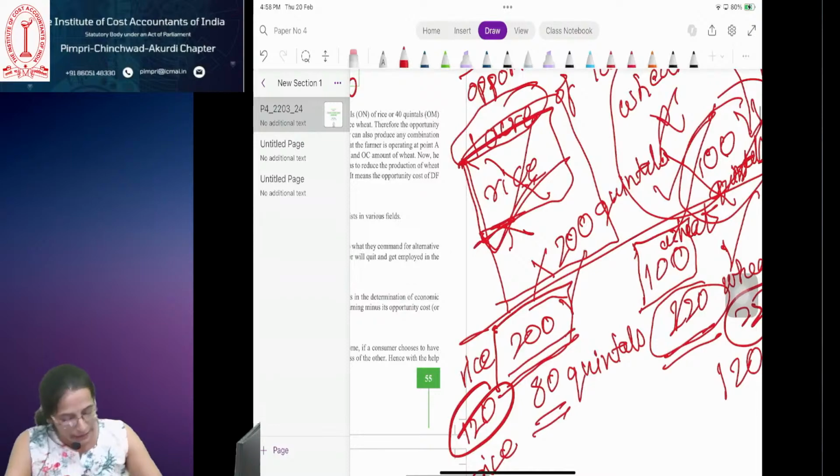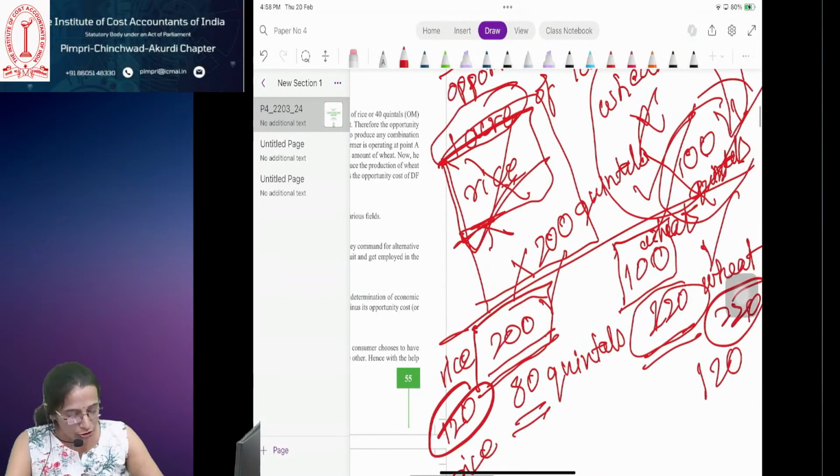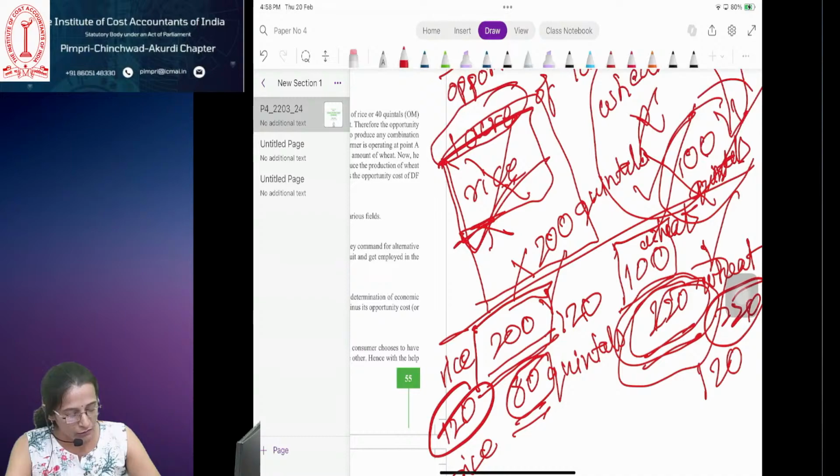Here we saw, what is the opportunity cost of producing 220 quintals of wheat here on the screen? We had to forego: previously 200 quintals of rice, now 80. We had to forego 120 quintals of rice. So the opportunity cost of producing 220 quintals of wheat on 1 acre of scarce land is 120 quintals of rice, right?